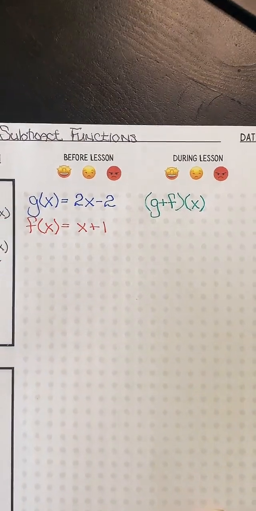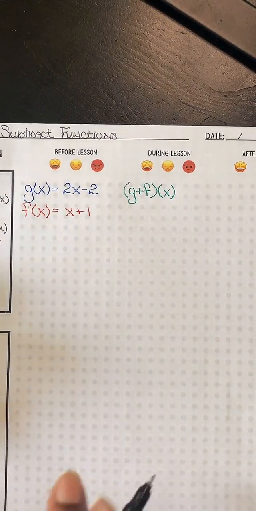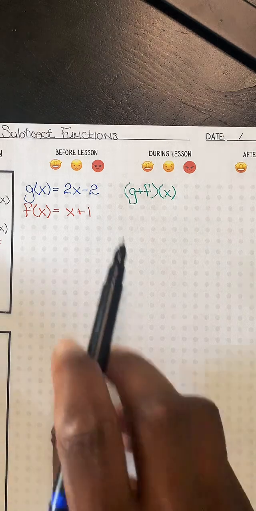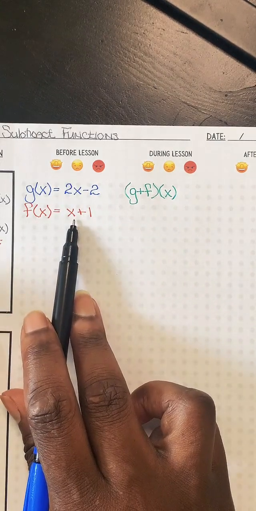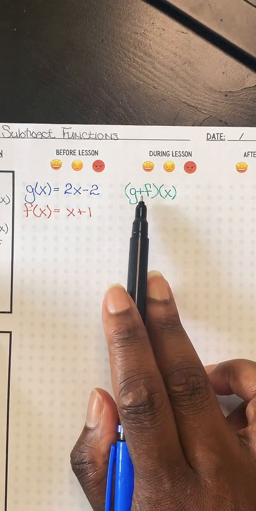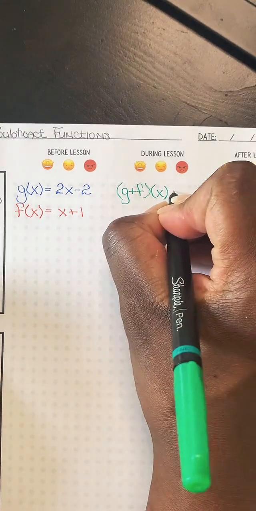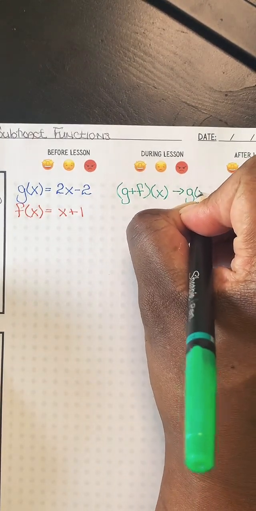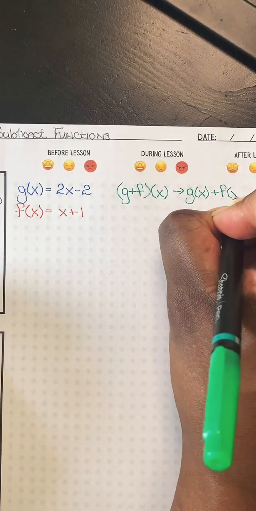Let me unzoom just a hair. All we're basically doing, and I'm going to do this with a color change so you guys can see it a little bit better, is this: we have our g function and our f function. Since there's a plus sign in between, it's saying you're taking your g of x and adding it to your f of x.